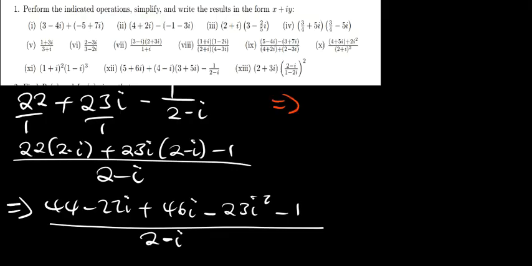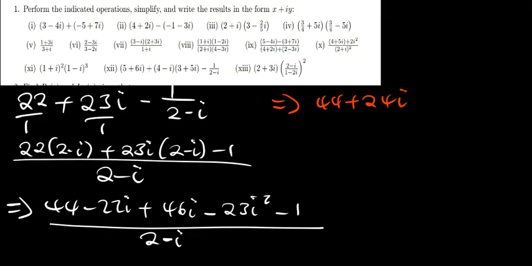So I can clearly see that this will be negative 22i plus 46i. That is 24i. So I'll have 44 plus 24i.